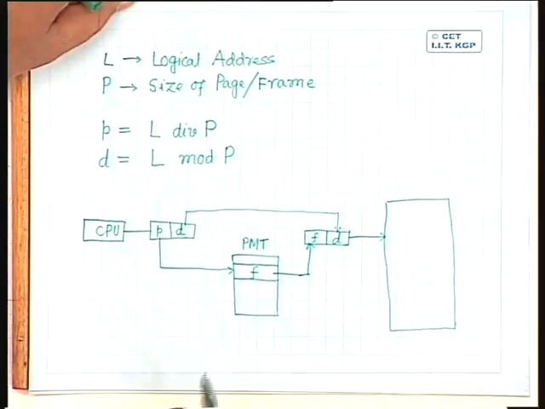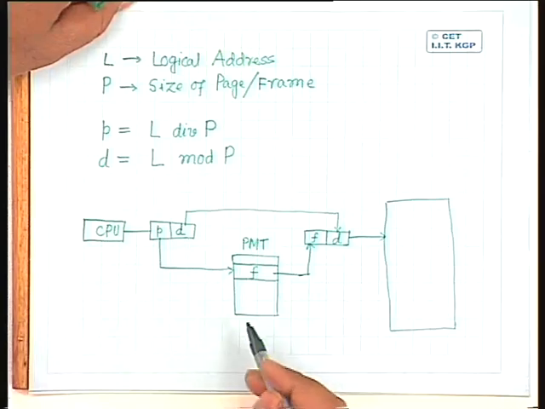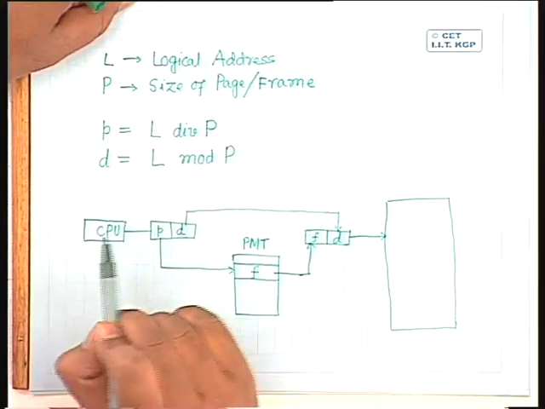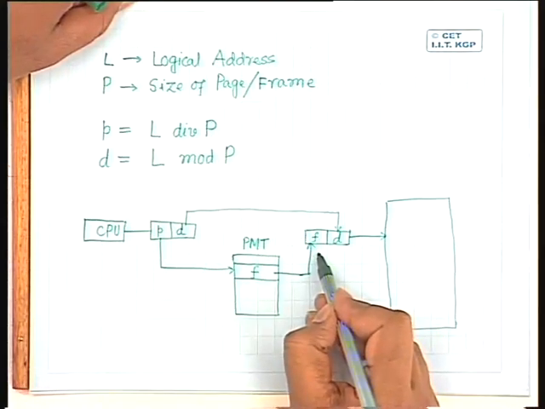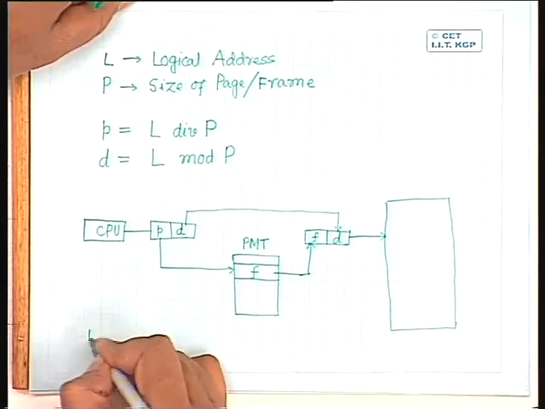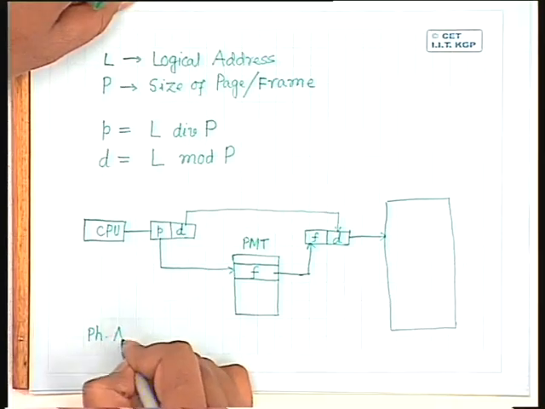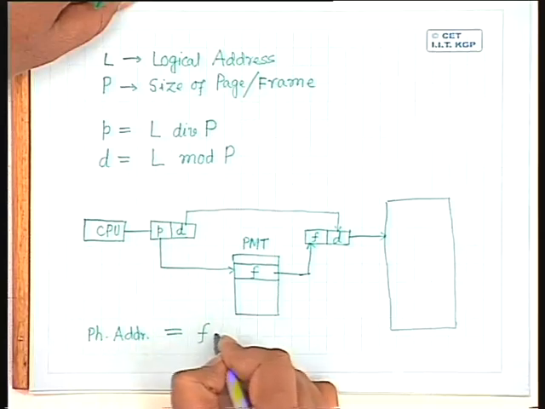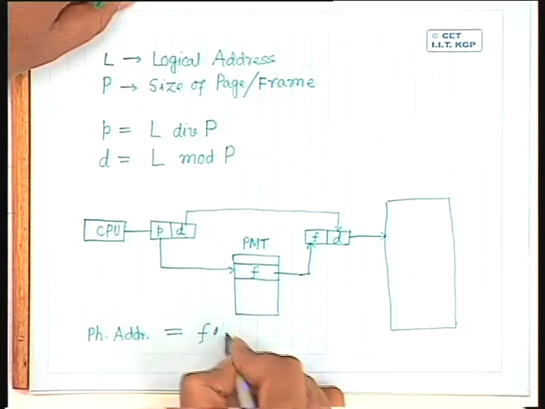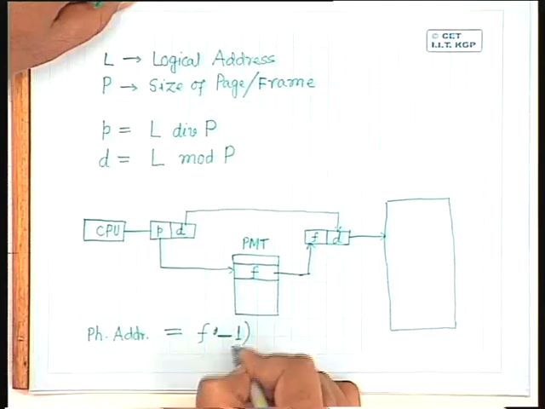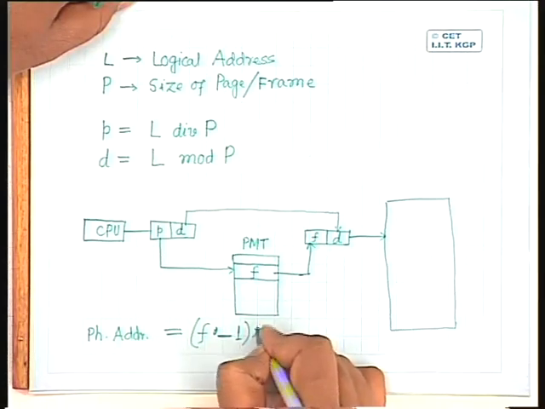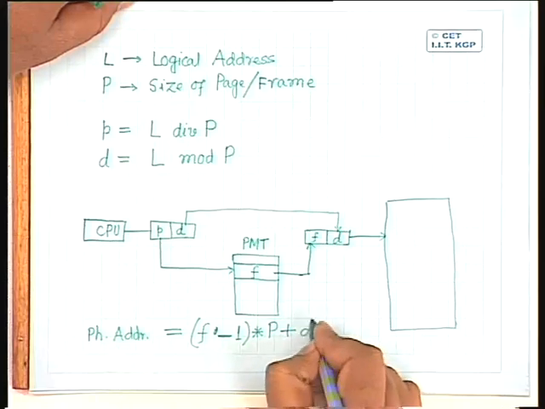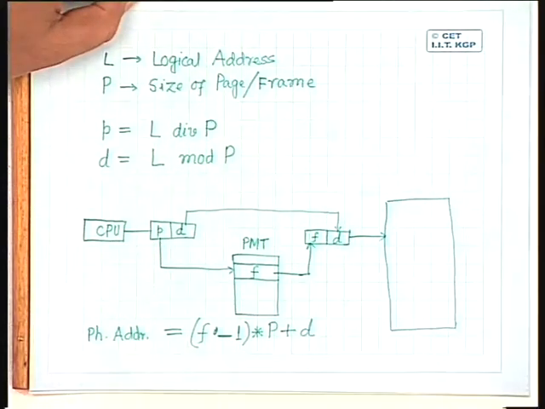Computation of the physical address is very simple because we know the page size, or the frame size, that is equal to P, and F being the frame number, the physical address will simply be (F minus 1) multiplied by the page size or frame size P, plus the offset within the page or frame, that is d.